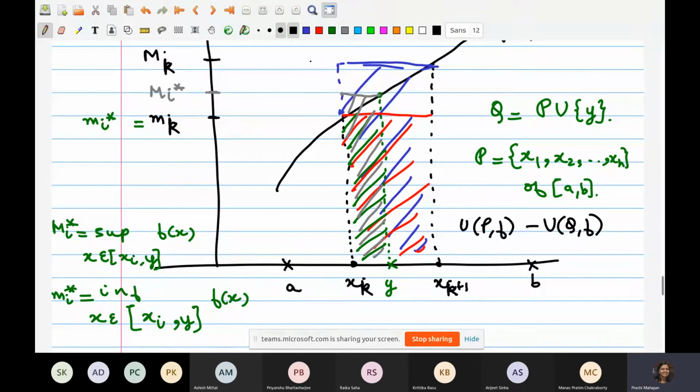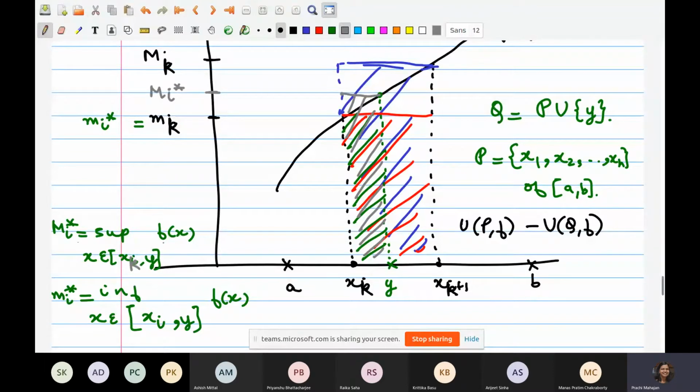I've written it in 1. So you will have y minus xk times the supremum of f restricted to this interval. Let me just write it down. I sort of mixed up. So this is mk star and this is xk here, right?